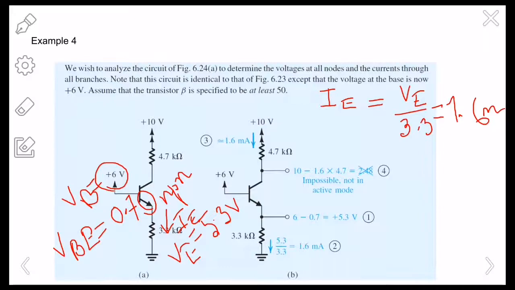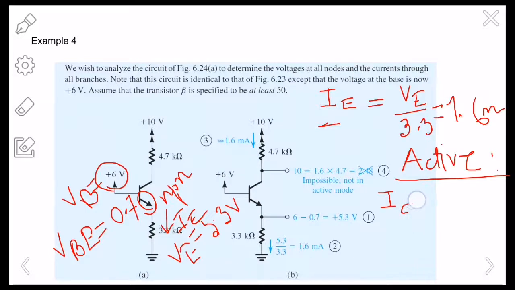Now I have to make an assumption to proceed further. So let's say I am assuming the BJT to be working in the active mode. Now I can use the active mode equations. With this IE, I can find the value of literally anything, like IC.